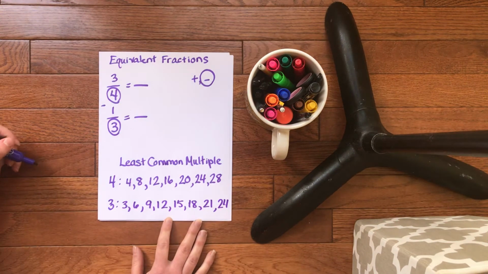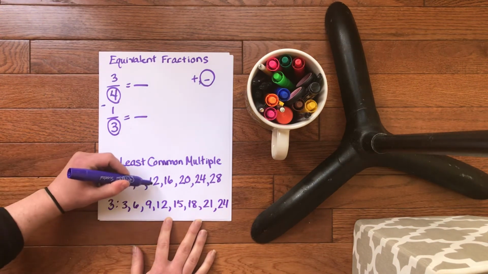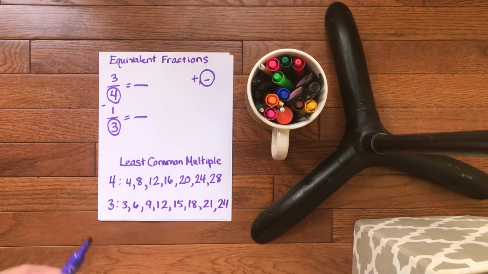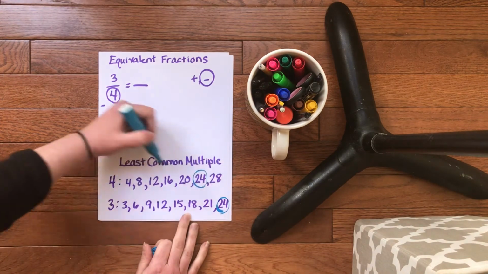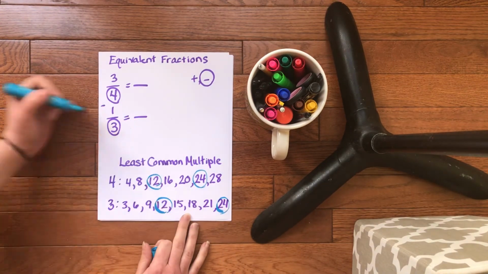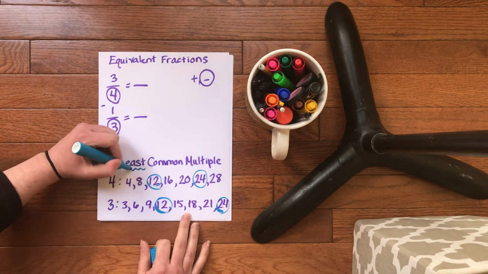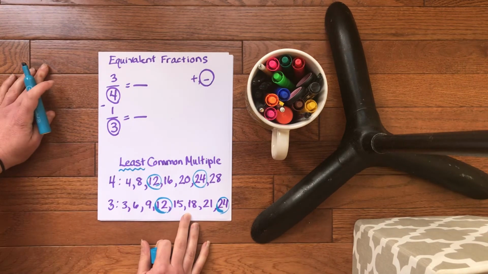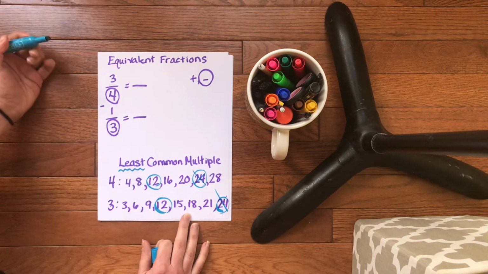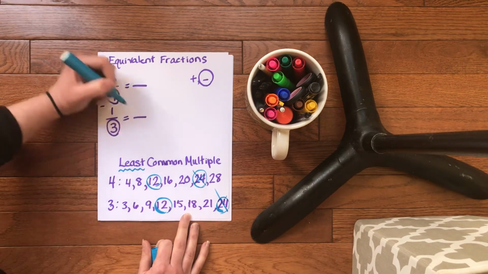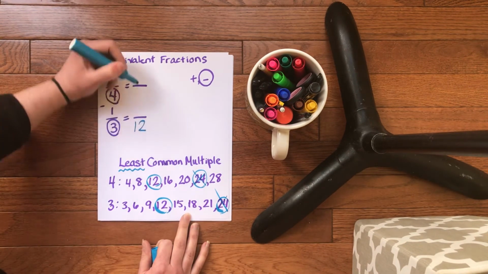All right, let's see, do we have any matches here? Oh, found one. I found 2. Okay, I've got 24 here, and I have 12 here. Remember, I'm looking for the least common multiple. So I'm going to cross out my big numbers, and 12 it is. So I'm going to come back up here and make a new fraction.